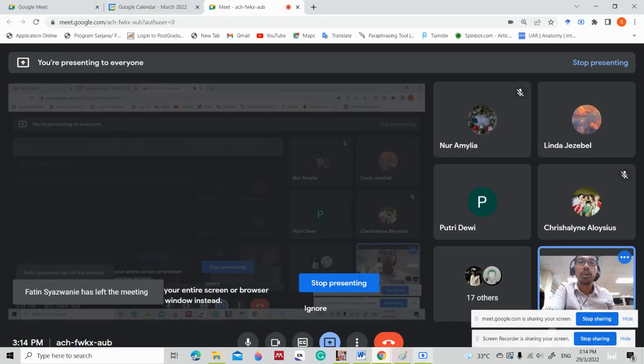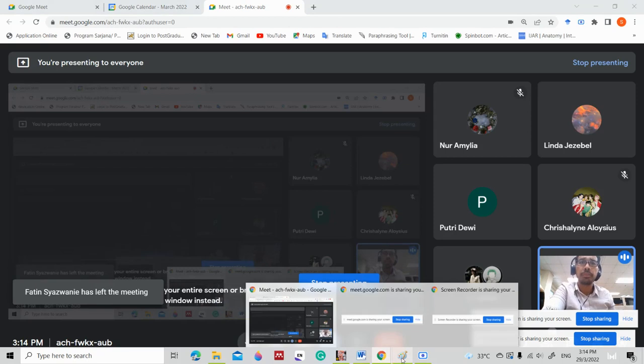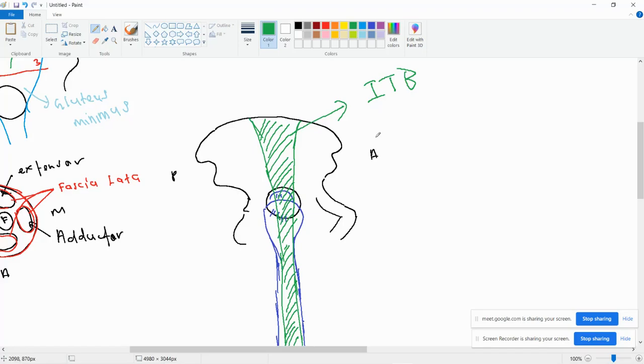Now, why do I need to discuss ITB, class? Because one of the muscles attached to the ITB is known as the tensor fascia lata. Here is your iliac crest, this is your ASIS, AIIS, posteriorly PSIS, and this is your PIIS.